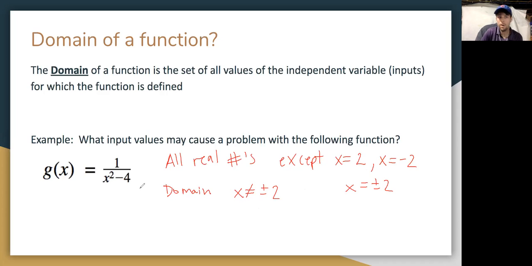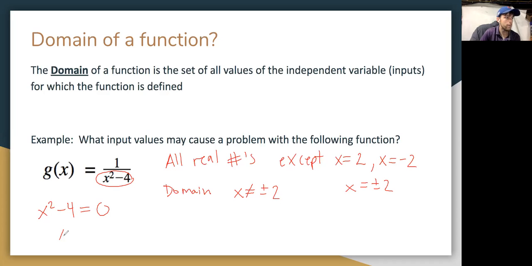In general, if you weren't sure what values right away would work, anytime you have a fraction with a variable in the bottom, what you can do is take that denominator and figure out the excluded values from the domain by just solving an equation, right? We can say, what is going to make this 0? And we just solve it.